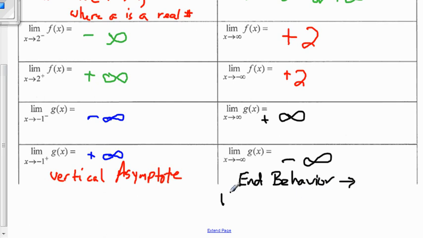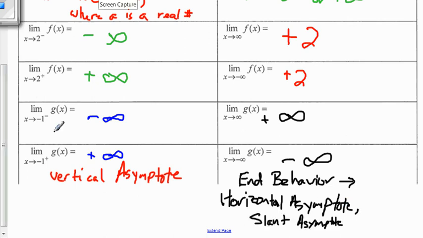That leads to our horizontal asymptote and our slant asymptote. Sorry about my spelling. Again, not at once, they could be separate. You'll see me sometimes write VA for vertical asymptote, HA for horizontal asymptote. I usually don't write SA for slant asymptote, but I could.